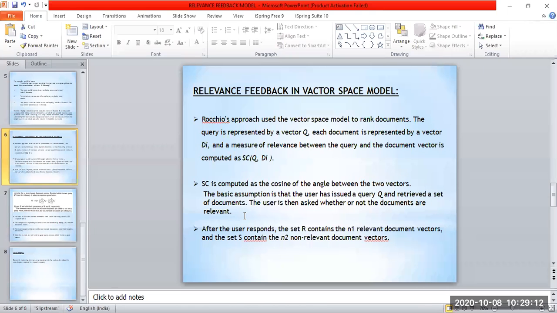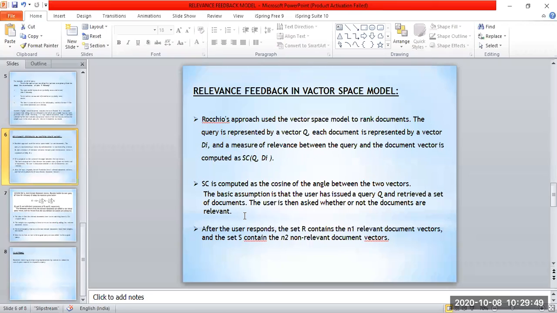What Rocchio did is combine these two models together and try to retrieve the relevant document based on his new approach. I hope you know how the vector space model works. If you know that, then you can easily understand this combination of relevance feedback and the vector space model. Okay, let's continue the concept.